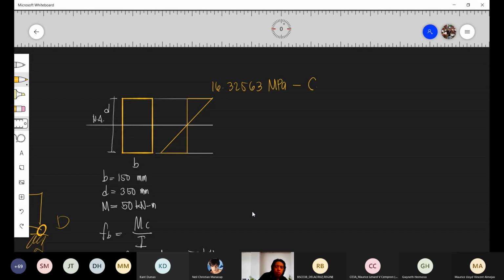If compression is used, we just put a negative sign: negative 16.32563 megapascal. And this one is positive, in tension, 16.32563 megapascal. So basically, the same. Okay? Now, what are the resultants?